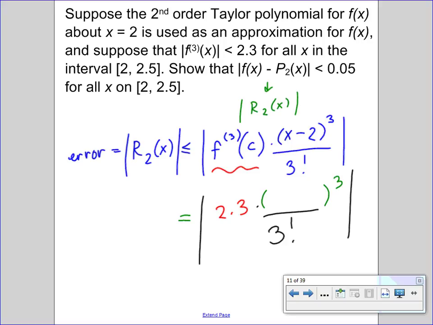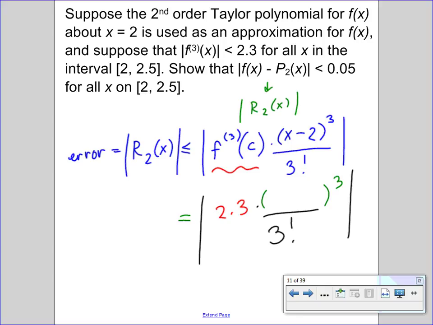This term is maximized when x equals what? 2? No. 2.5. And so this is a case where through inspection we have to pick x to be 2.5 so that this term's magnitude is maximized, so that we're guaranteed to be within this maximum error achievable. So that will bound our error.